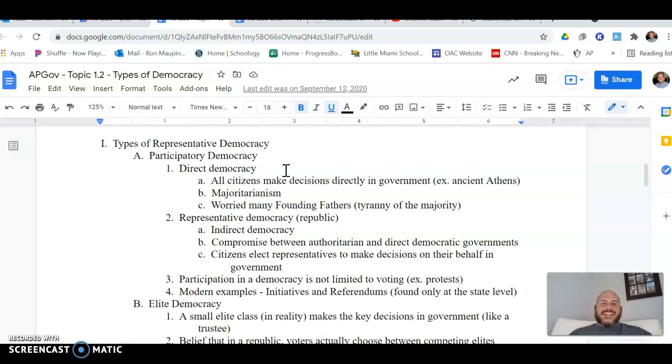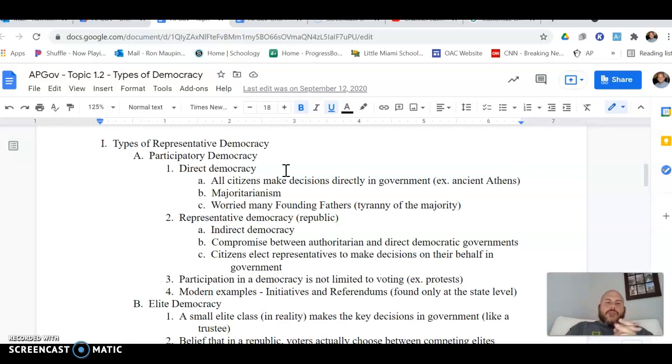It's what we would describe as an indirect democracy, whereas we as citizens pick our representatives. We have the freedom to do that, but we as the citizens do not make all the decisions of government. It is our representatives that we chose who make those decisions for us.